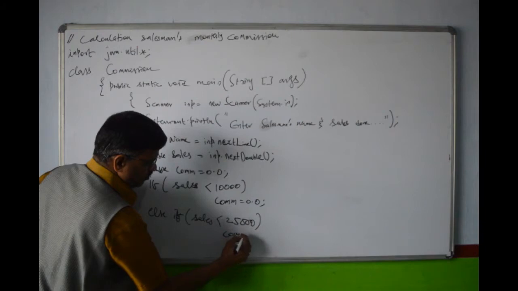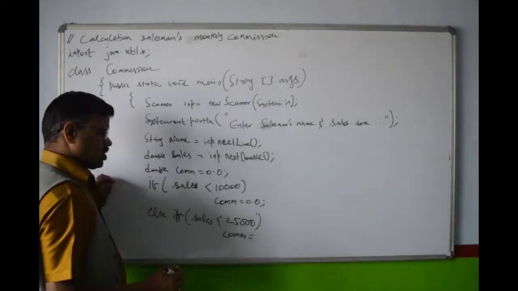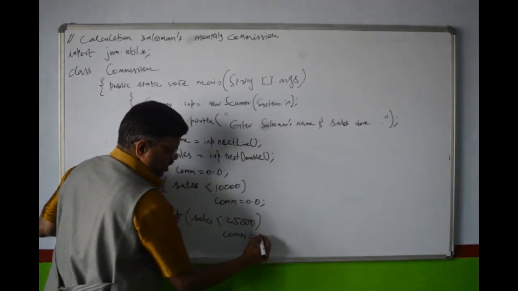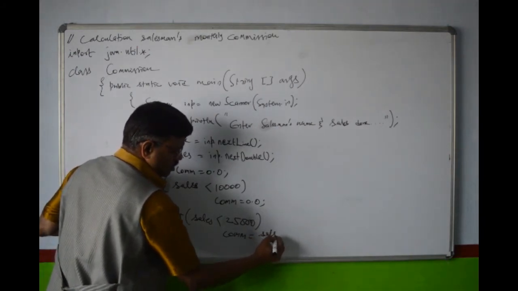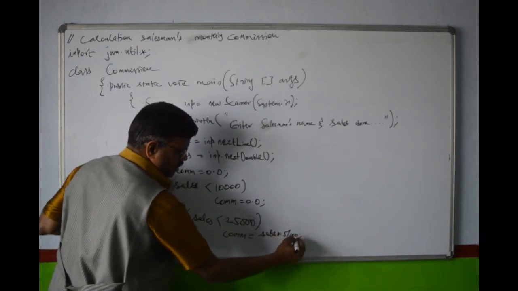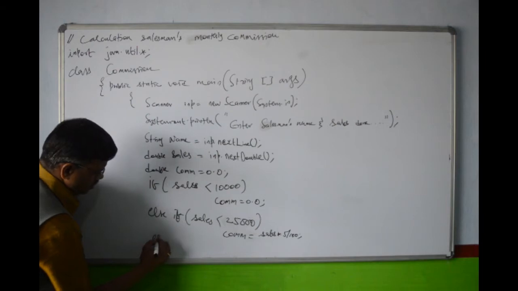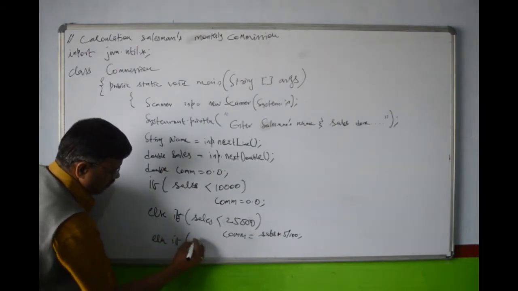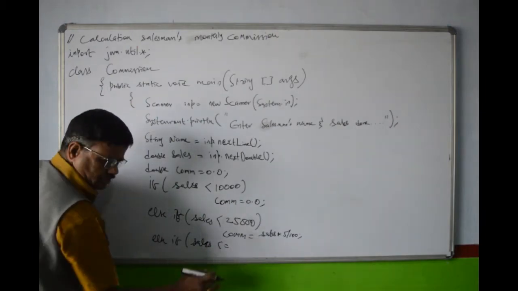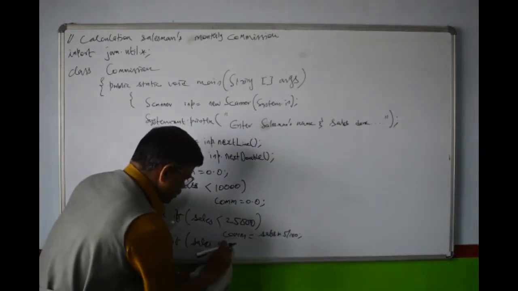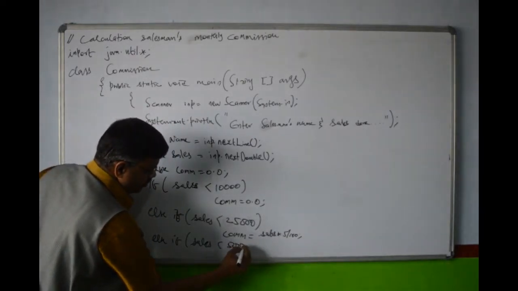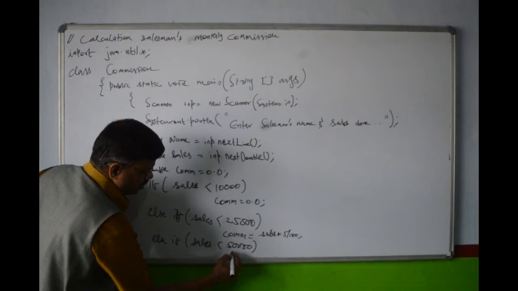What would the commission rate be? The commission rate will be 5%. 5% means sales into 5 by 100. Else if sales is less than 50,000, what is your commission?